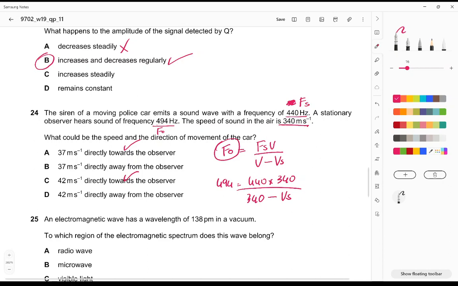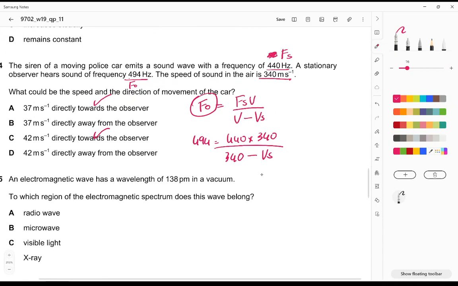I'm just solving it directly. If this goes on the left hand side, let me just show you this working. So 494 multiplied by 340 minus 494 multiplied by Vs is equal to 440 multiplied by 340.